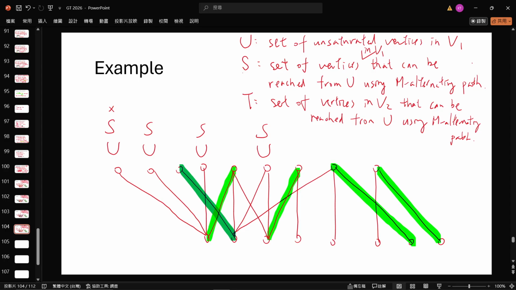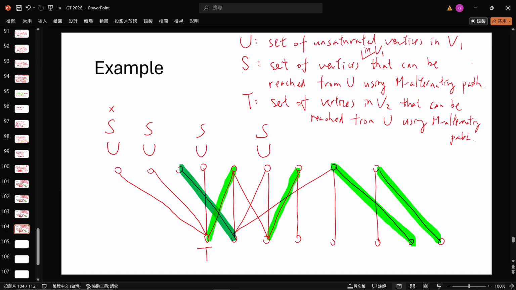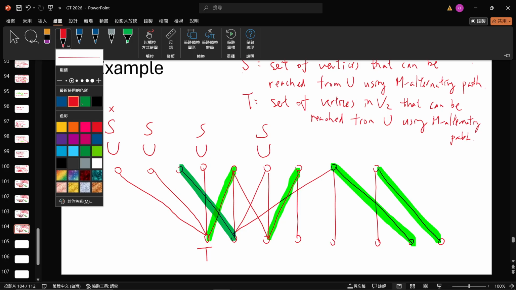So we can reach this vertex, and this will be in T. I'll give them some names.